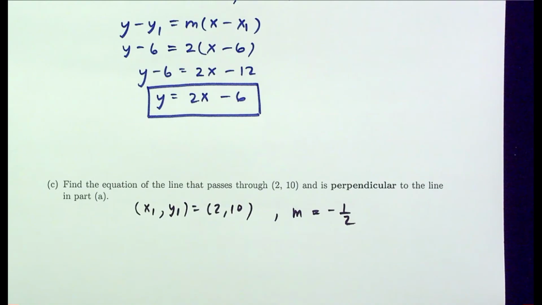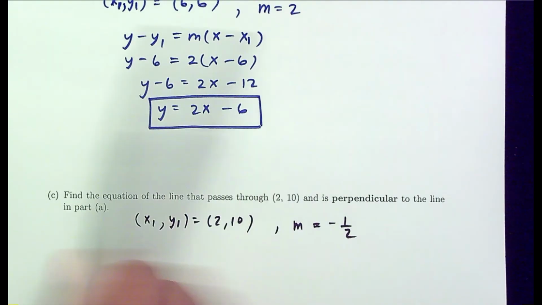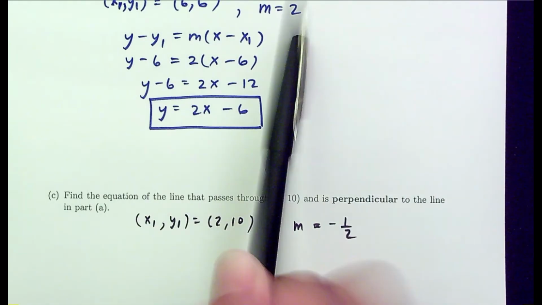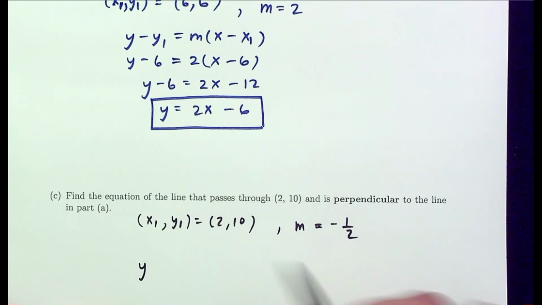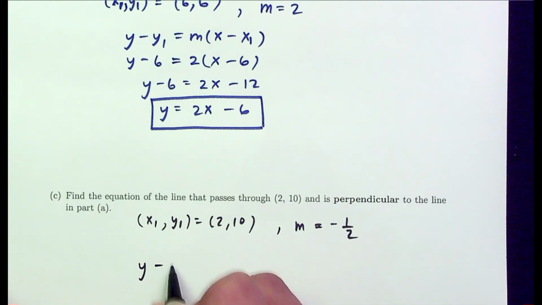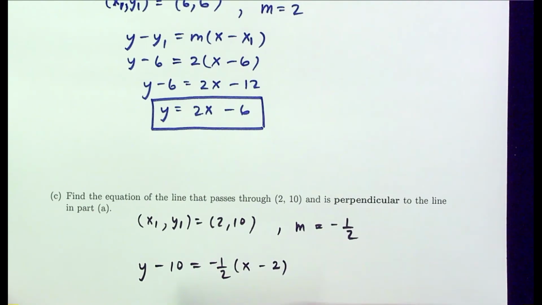And now with that information, we can figure out the equation. Using this same equation right here, we're going to write down the answer. So y minus y1, which is 10, equals m, which is negative a half, times (x minus x1, which is 2).